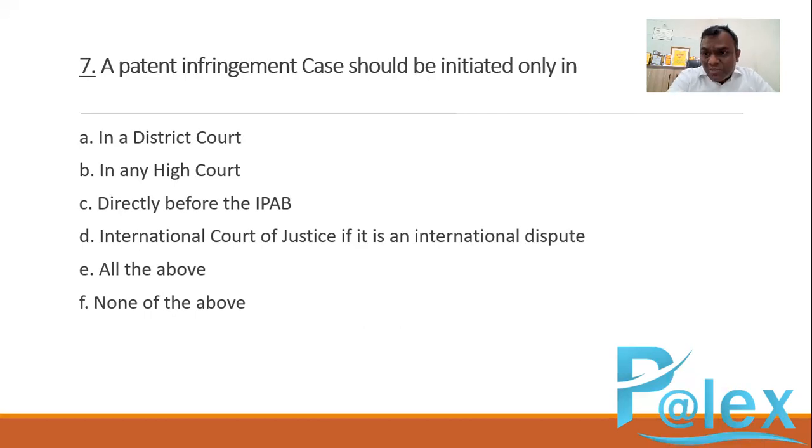Now, a patent infringement case should be initiated only in, you've given 6 options here: district court, high court, IPAB, International Court of Justice, all of the above, none of the above. Let me try to tell you, I can eliminate a few options here. When we say an infringement case, it has to be in court, so IPAB is a wrong option. That means all of the above is also a wrong option. Then the International Court of Justice.